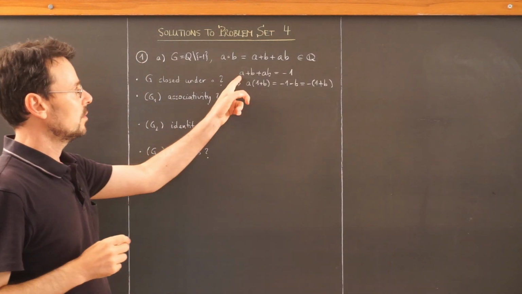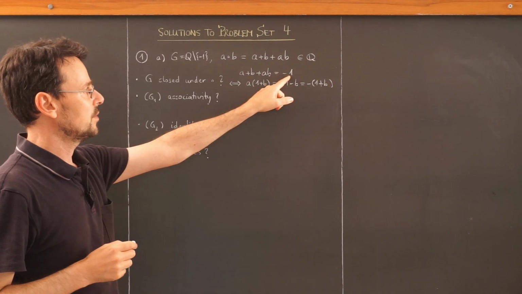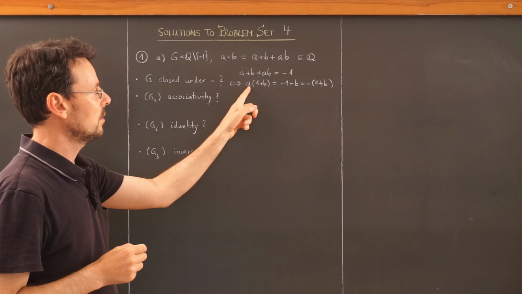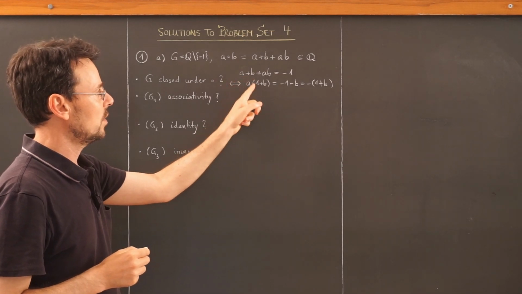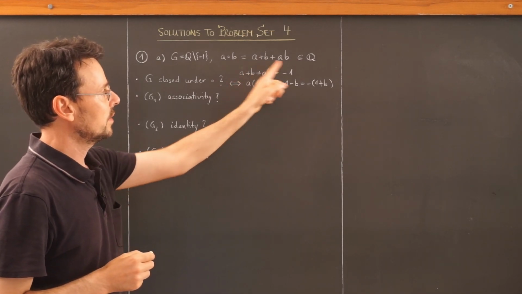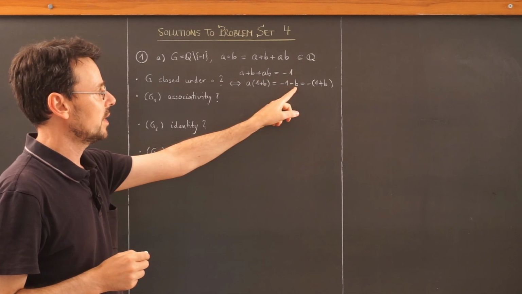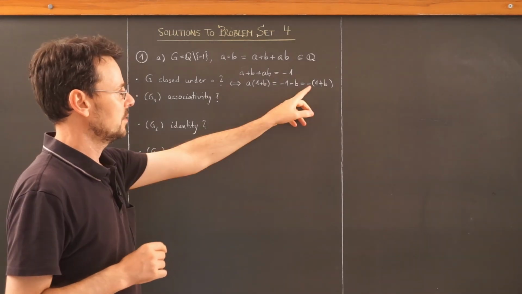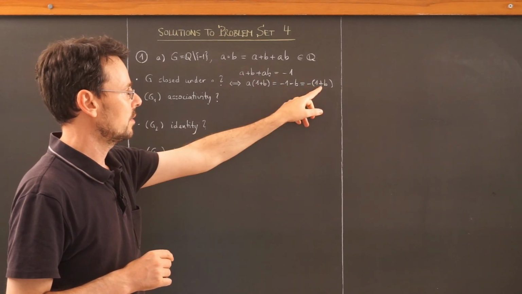Okay, let's assume this here would give -1. Then I take those two, take out the a, and there remains 1 plus b. I bring this b to the right-hand side with -b. Draw out the -1. So I end up with this.